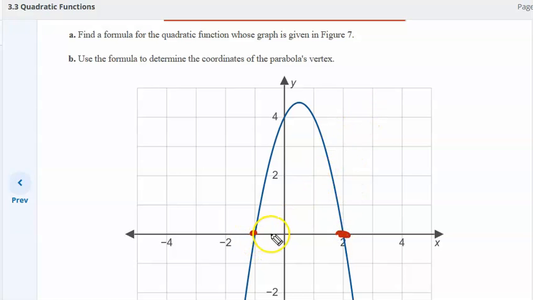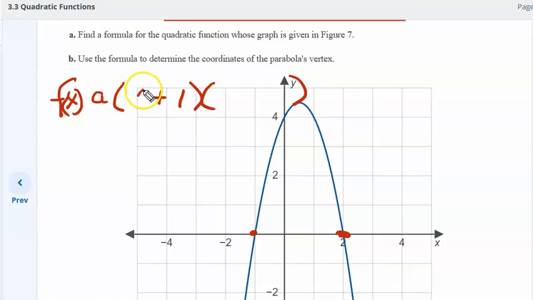So we do it in a formula form here, we'd have a times something times something. And what value would have been there? Now this is a negative 1, so that would have been a positive 1. And this one would have been a negative 2.